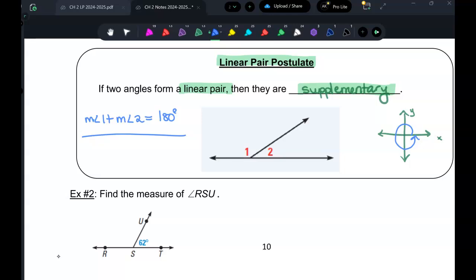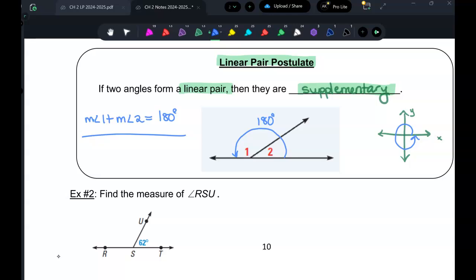Half of that would be 180. So if I look at angles 1 and 2, they make half of a circle, and half of a circle is 180 degrees. Does that make sense when you think of it as half of the circle?